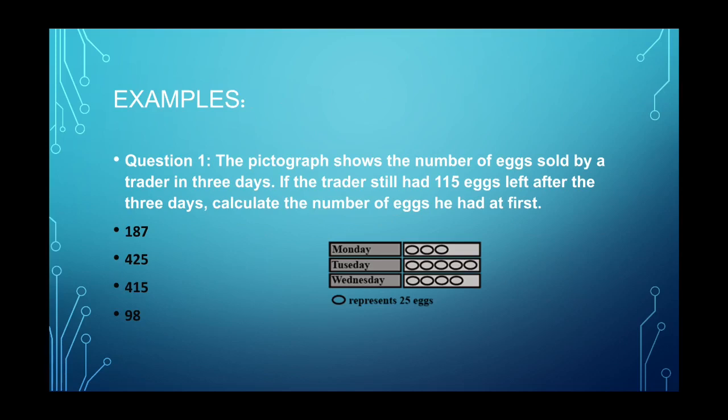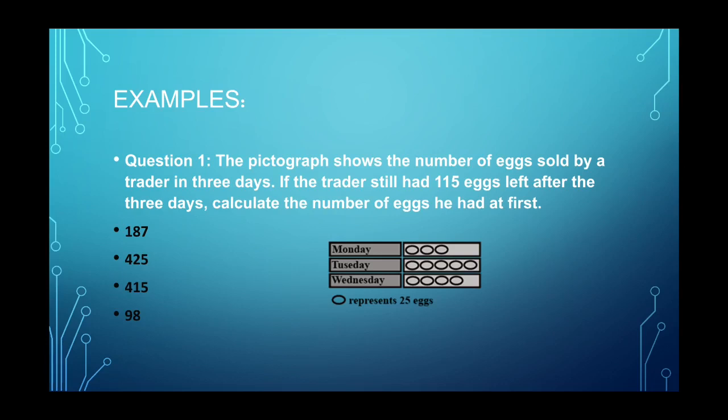And under that chart, it shows that the oval represents 25 eggs. So for question 1, the pictograph shows the number of eggs sold by a trader in 3 days. If the trader still had 115 eggs left after the 3 days, we are asked to calculate the number of eggs he had at first.